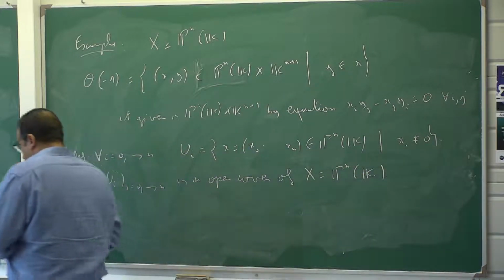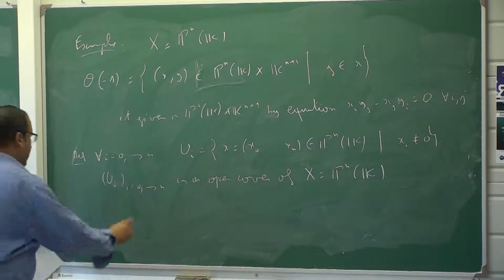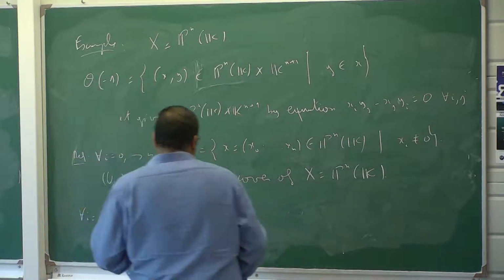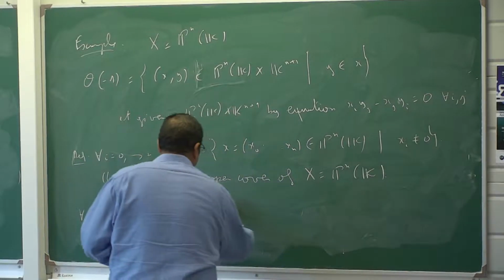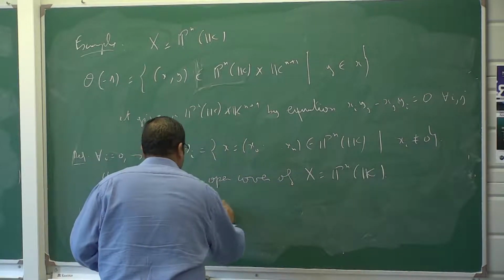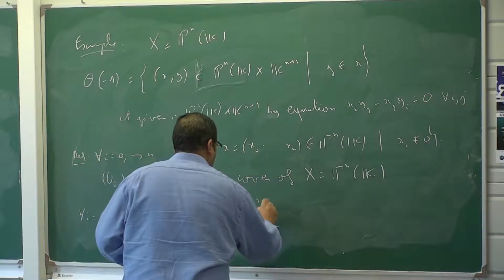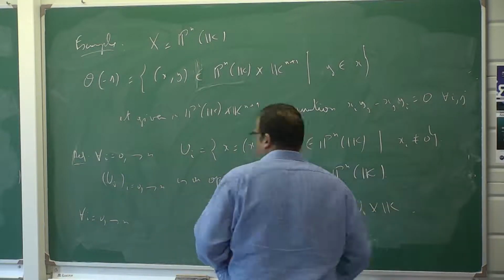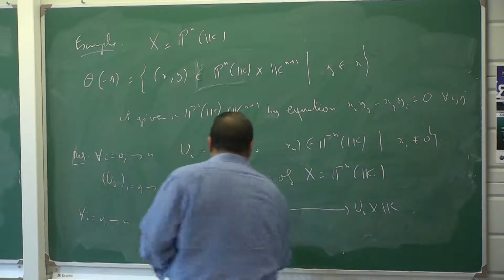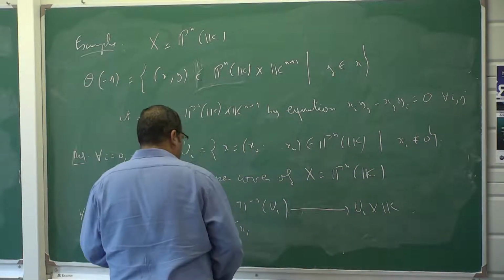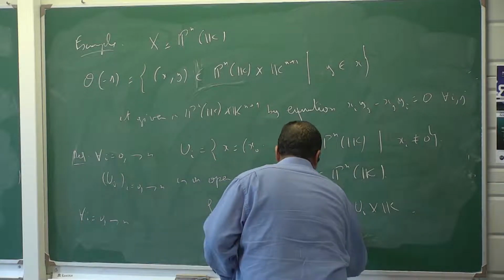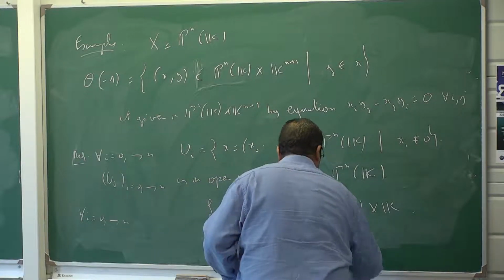We can define for any i from 0 to n a map f_i from the preimage of U_i in O(-1) to U_i times k, defined by (x, y) goes to (x, y_i).